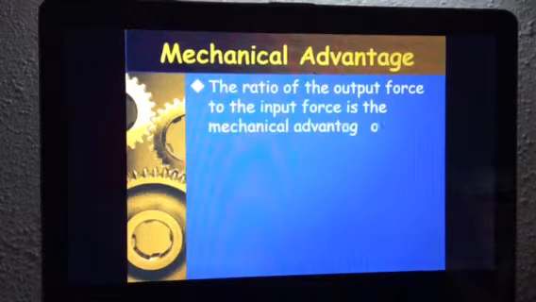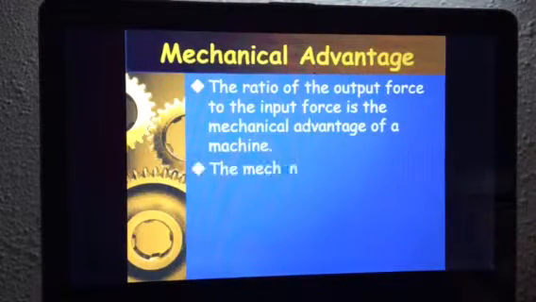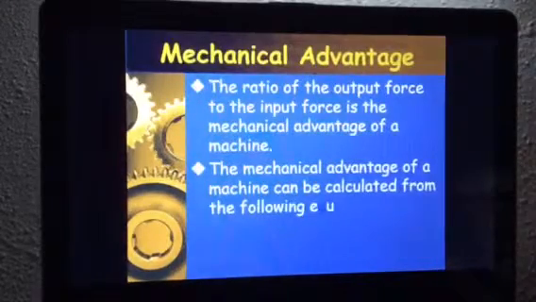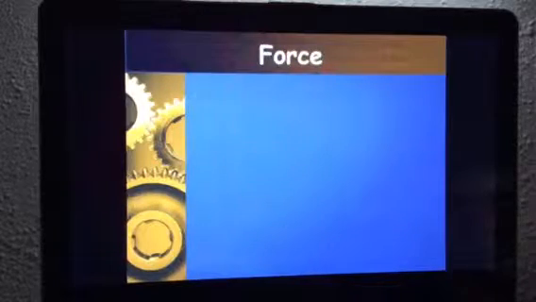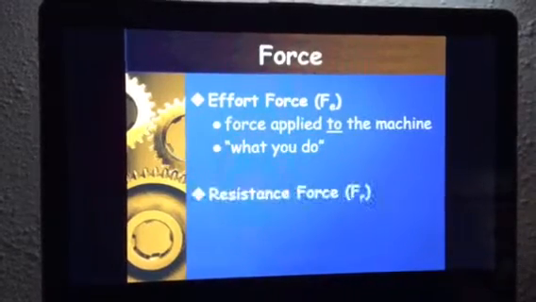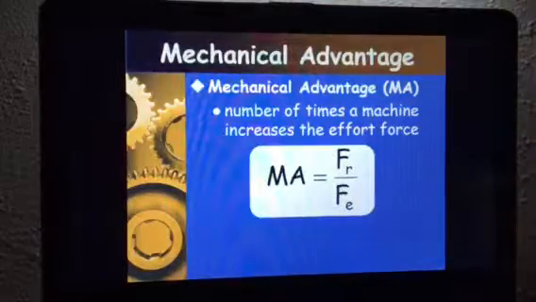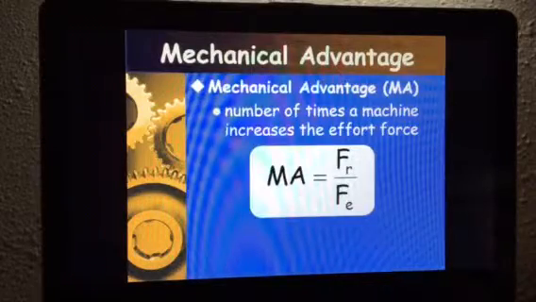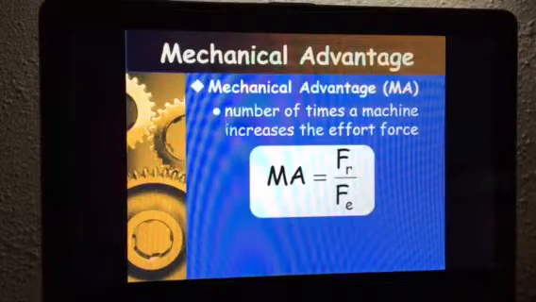The ratio of the output force to the input force is the mechanical advantage. There is no unit label for mechanical advantage, by the way. Mechanical advantage of a machine can be calculated from the following equation. Effort force is the force applied to the machine, remember FE, and the resistance force is the force the machine applies, and you get this equation: MA, which is mechanical advantage, is equal to FR divided by FE.